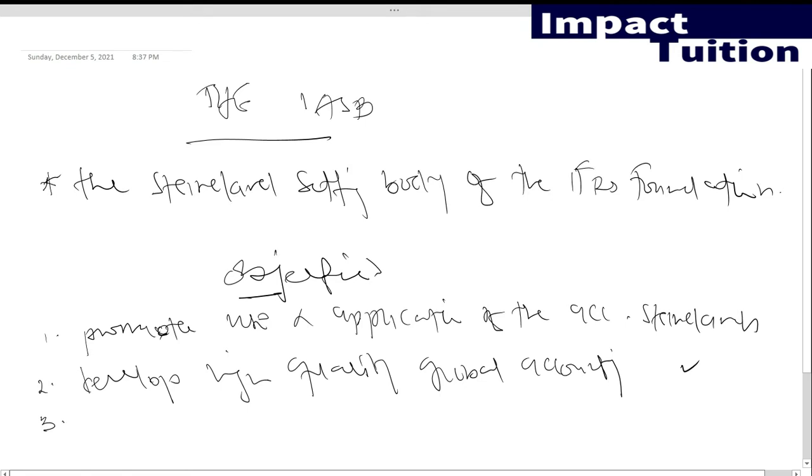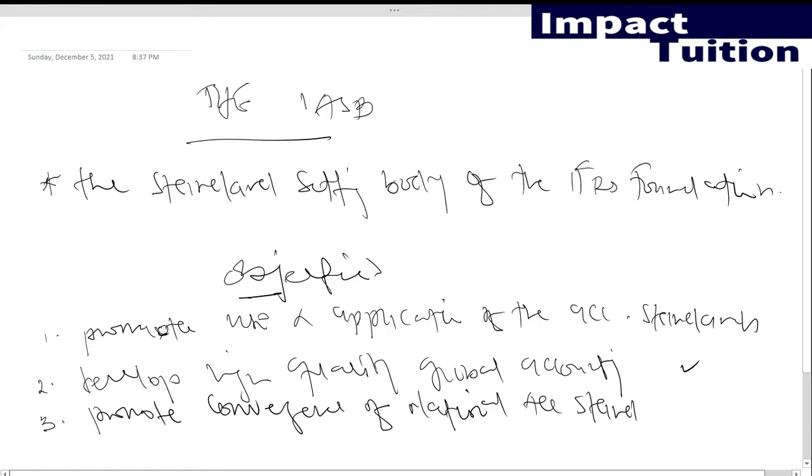And three, promote and facilitate the adoption of IFRS through the convergence of national accounting standards and the IASs. So, the third objective of the IASB is to promote convergence of national accounting standards and the IASs.